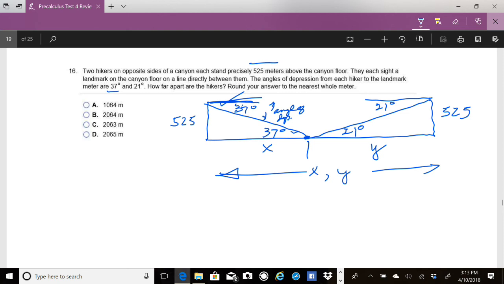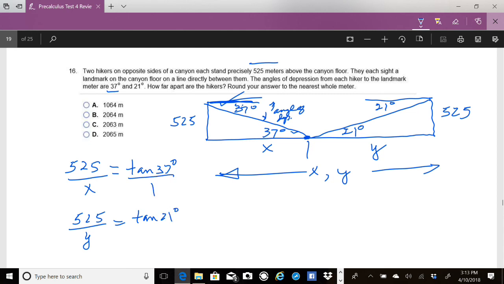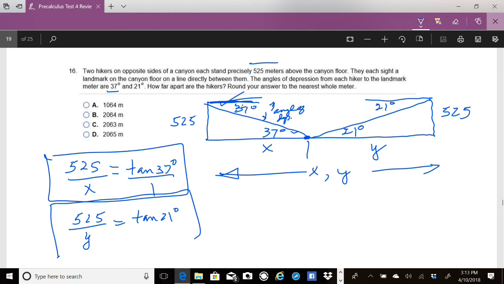So now we can say that 525 over x is equal to tangent of 37 degrees, and 525 over y is equal to tangent of 21 degrees. So we can solve the first one for x and the second for y and add them up.